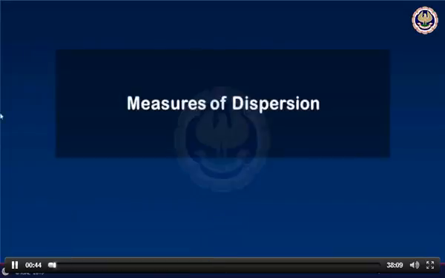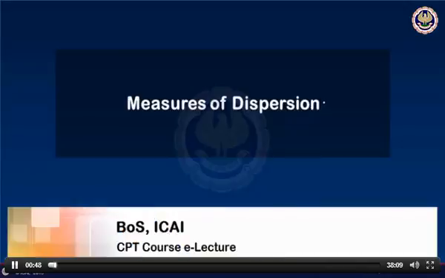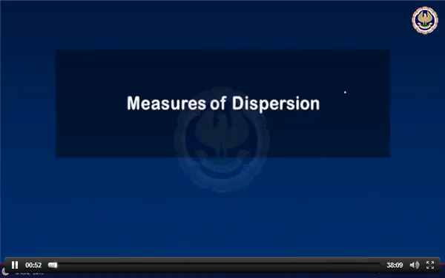Now coming to the topic, measures of dispersion in statistics is very important for finding how much the data varies from one observation to another. Whereas in the case of measures of central tendency, with the help of data, we can find the identity of one observation, whether mean, median, mode, geometric mean or harmonic mean.